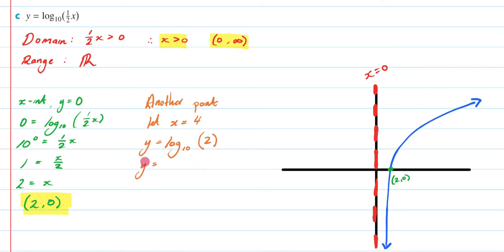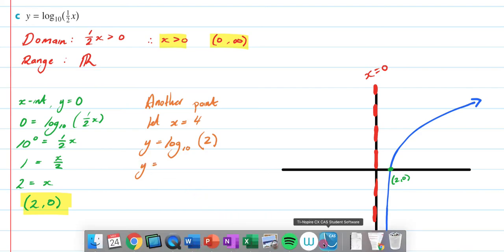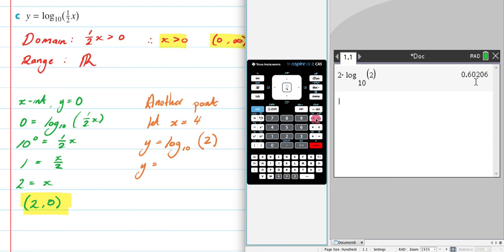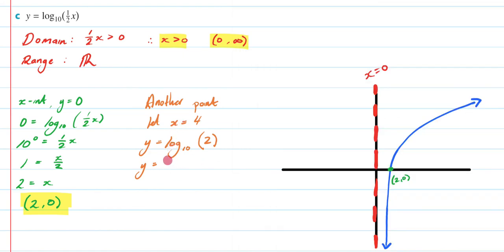We actually did this in the previous question, so we know what it is, but that's just because we've memorized it from the last one. But in real life, you would have to go, all right, I'm going to have control log with a base of 10, then a 2 there, then control enter to get my approximate answer. 0.301 is going to be my answer. So I come over here and I write 0.301.